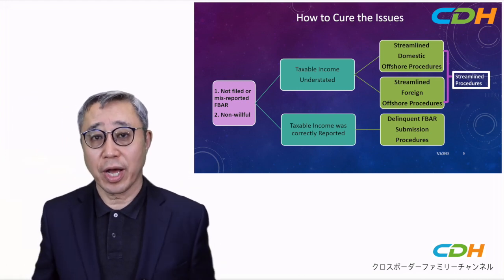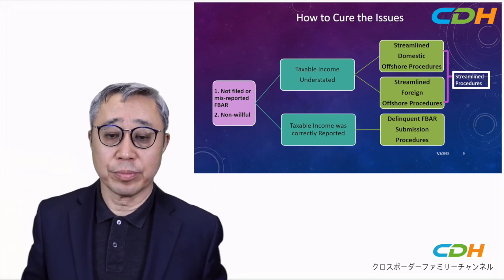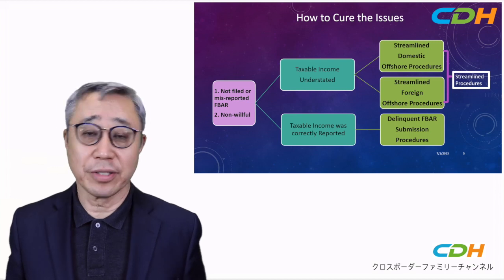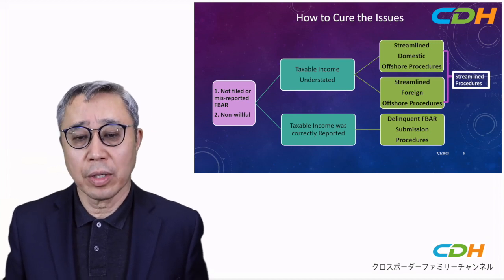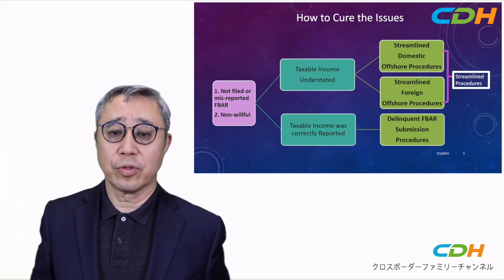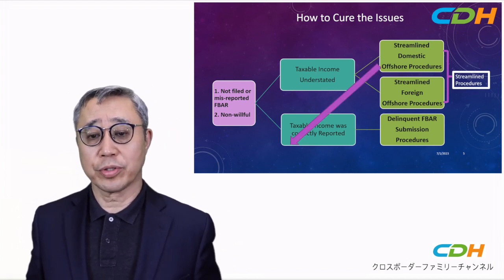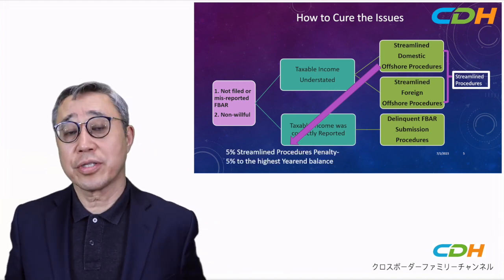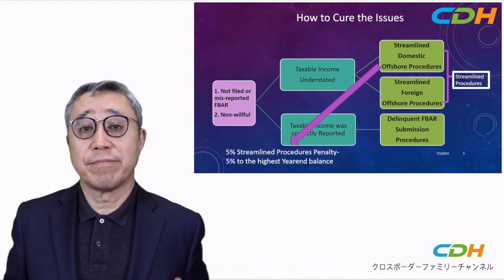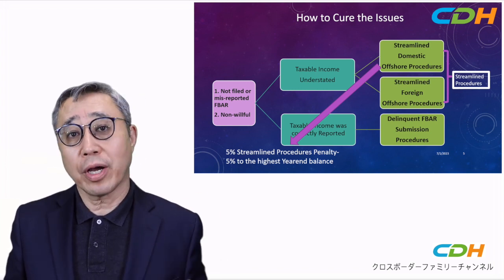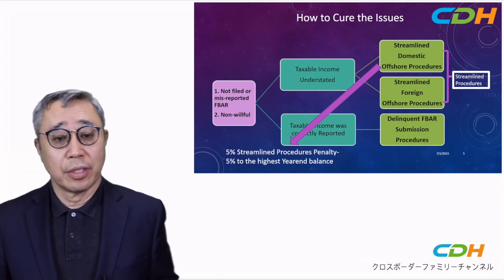There is a prescribed fixed form that you have to fill out electronically, I think. The difference between domestic and foreign procedure is the penalty. On the domestic side, there is a 5% penalty. How do you calculate 5%?